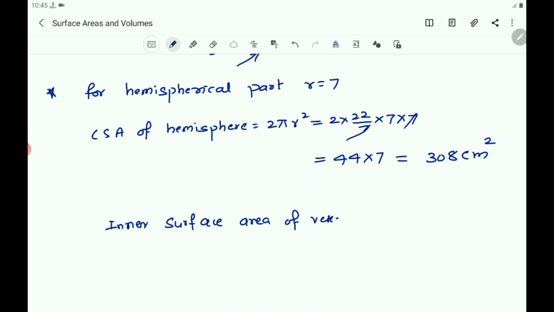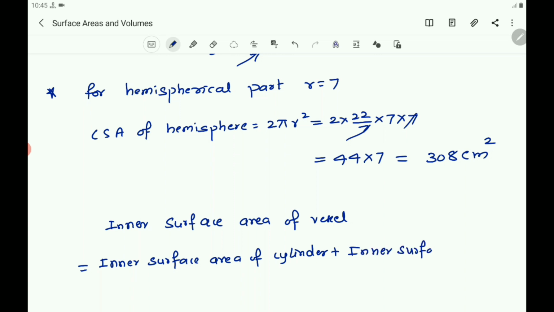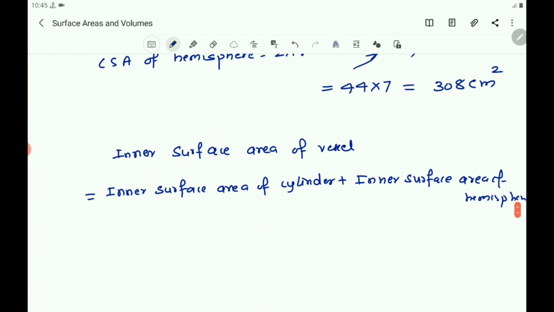Then the inner surface area of the vessel equals the inner surface area of the cylindrical part or hollow cylinder plus the inner surface area of the hemisphere. What is the inner surface area of the cylinder?